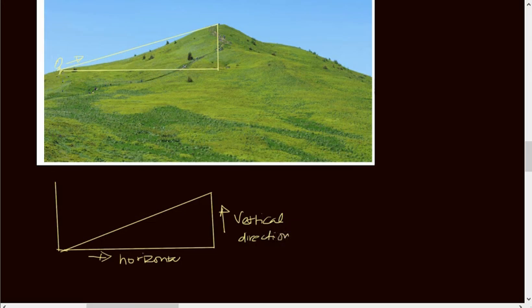So when the person moves from here to here, in the process also climbs this.